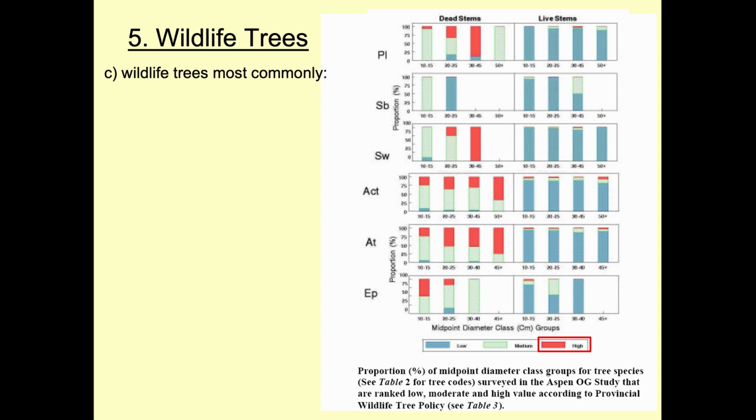Like you and I don't like tight spaces. I don't like being cramped up in a small room. Animals too. They are going to want to compete more for a larger hollowed out tree. There's more space, possibly more structural integrity. They're just more important to ecosystems. So we can see that trend too.